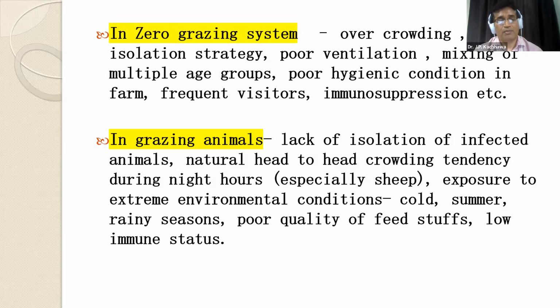In grazing animals, particularly sheep, we see that the animals keep their heads close to each other, and they can come in contact with the respiratory secretions, and if the secretions have the organism of CCPP, then they can get the infection.